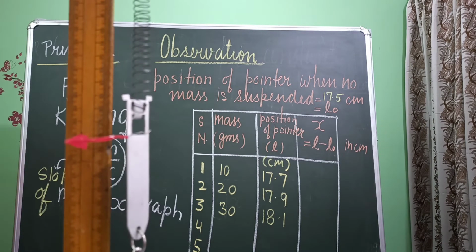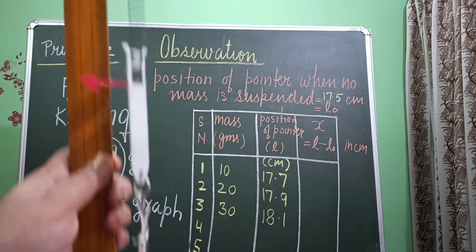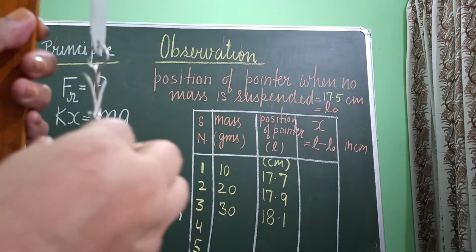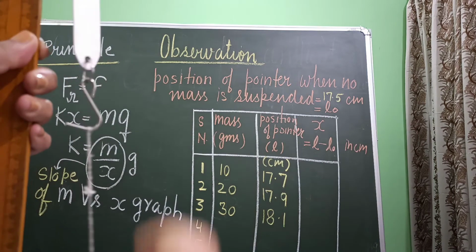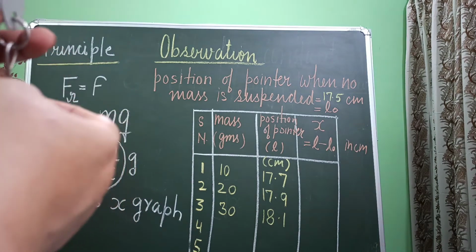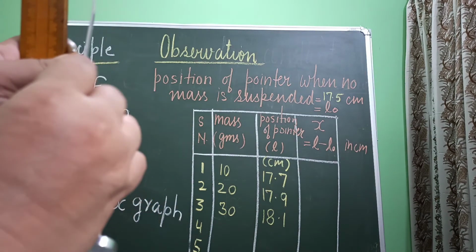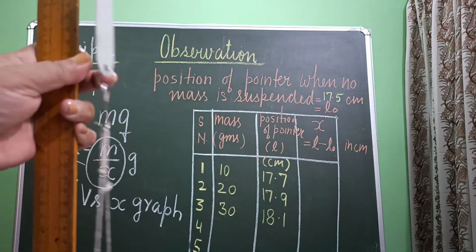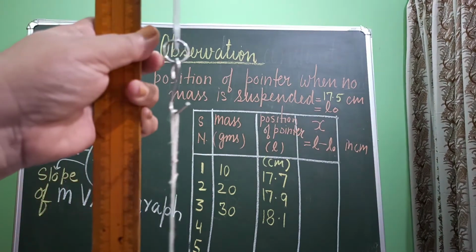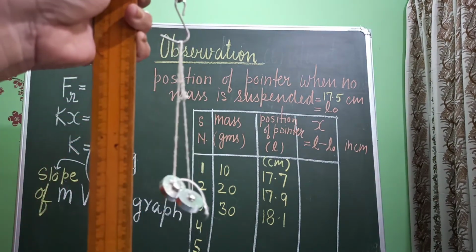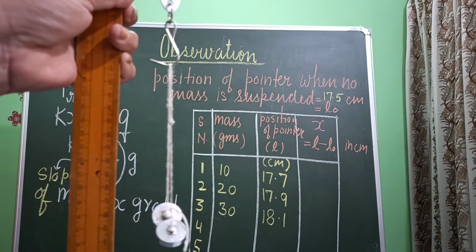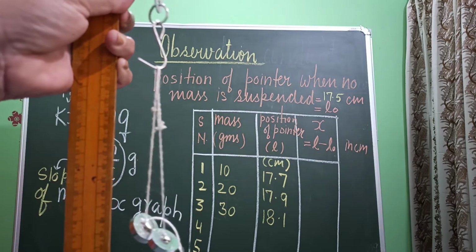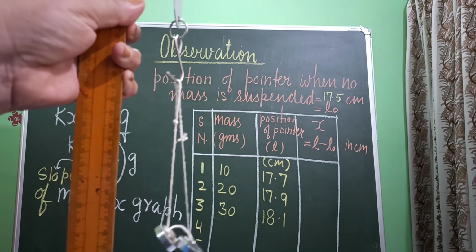So now children, I am suspending this 20 gram mass by removing 10 gram mass so that the total mass suspended is 40 grams. Can you see it? And now we have to again focus on the scale so that we can take the reading.